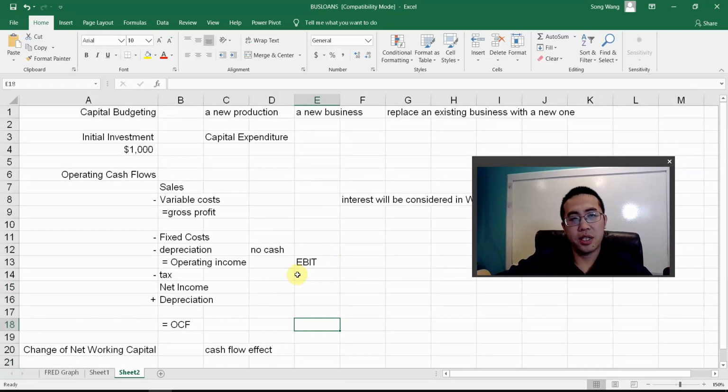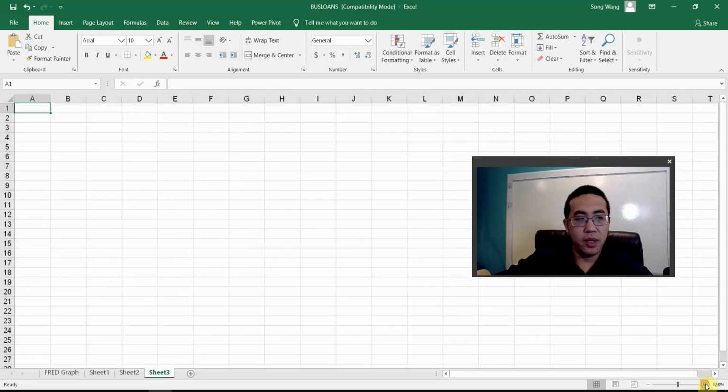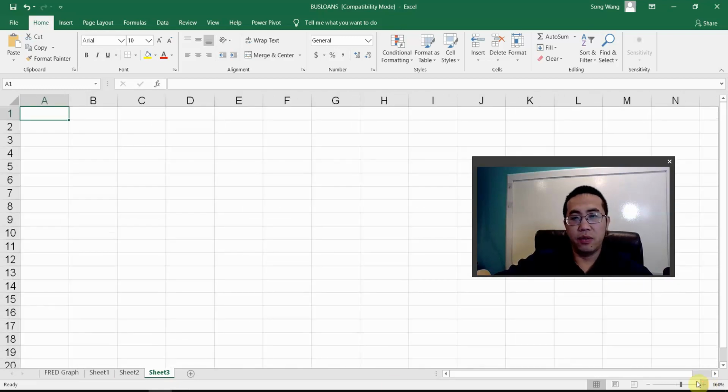For our exercises in this theme, we will need to follow this standard. Let me give you an example. If you are doing any of those textbook cases, you need to extract the information like initial investment.